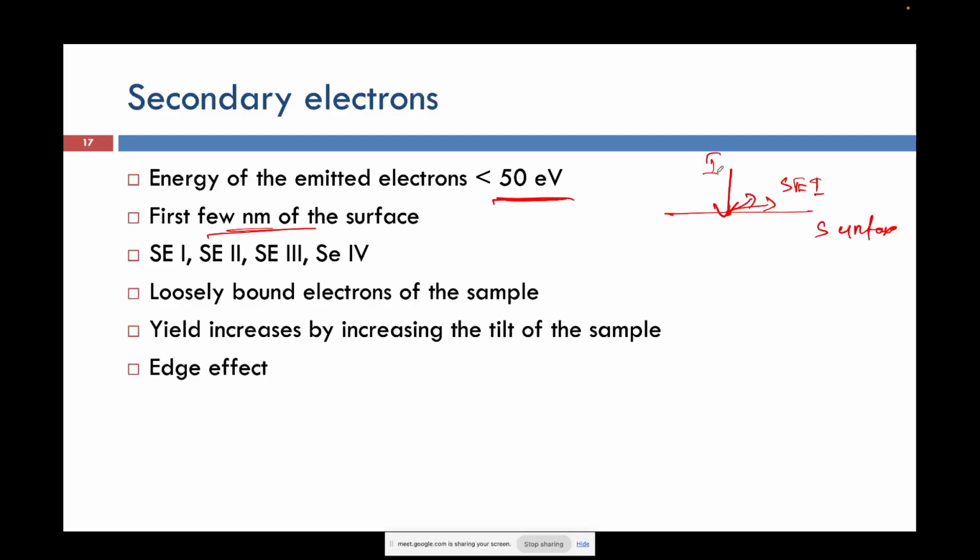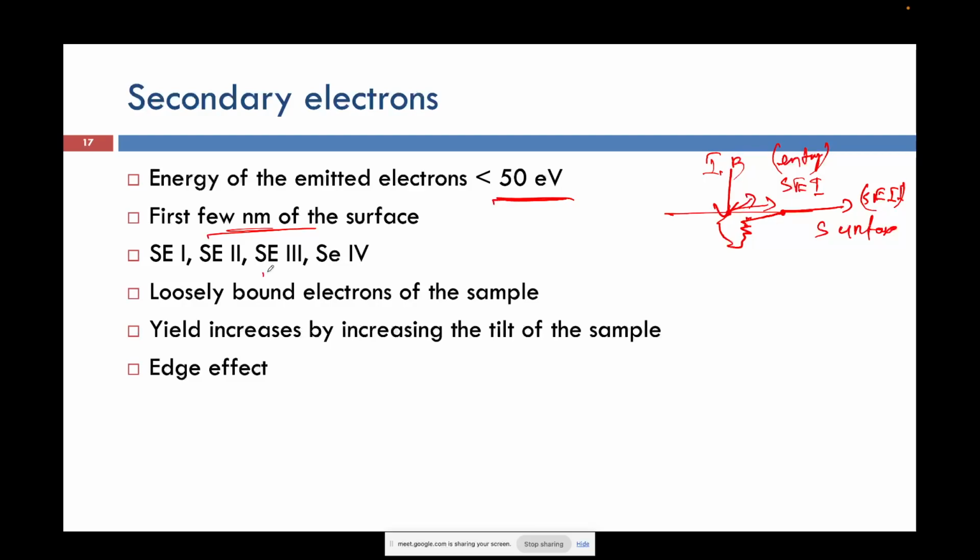Then the incident beam goes and interacts with the material, and at the point of exit, when it starts to go out of the material, it also gives some of its energy to a few electrons in the material. Those electrons at the point of exit are known as secondary electron 2.